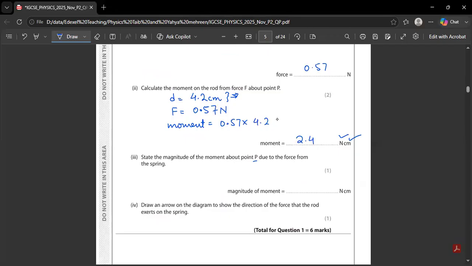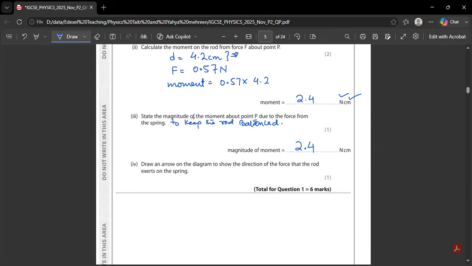Then it will be easy to identify that they are asking about the equilibrium condition, right? The sum of the clockwise moments equals the sum of the anti-clockwise moments. So the moment is going to be the same, that is 2.4, to keep the rod balanced.